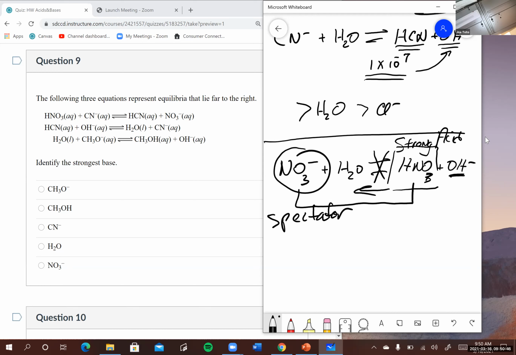All right, so I guess then our only choices, and I think we said this before, are which ones? For the strongest base competition.